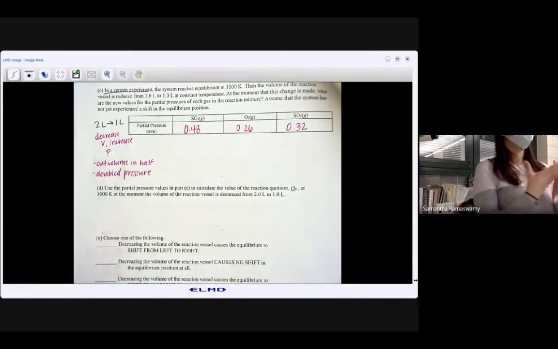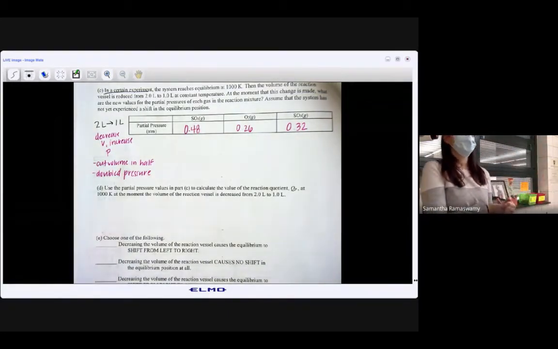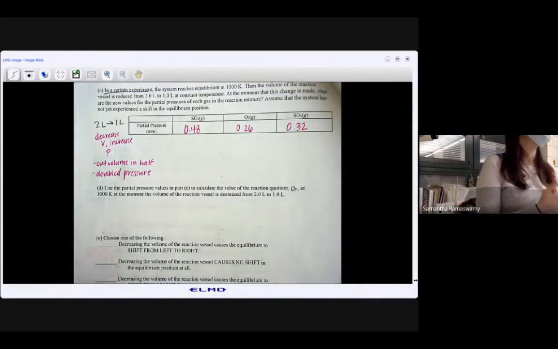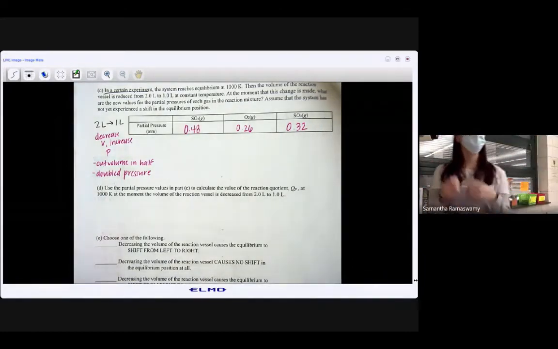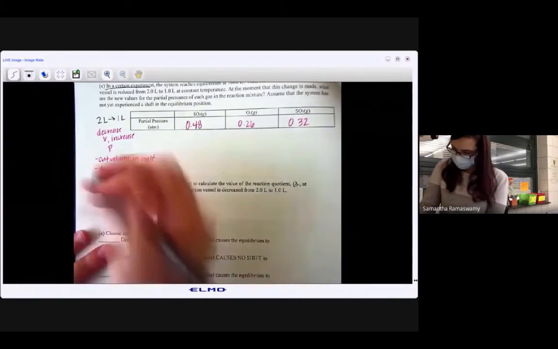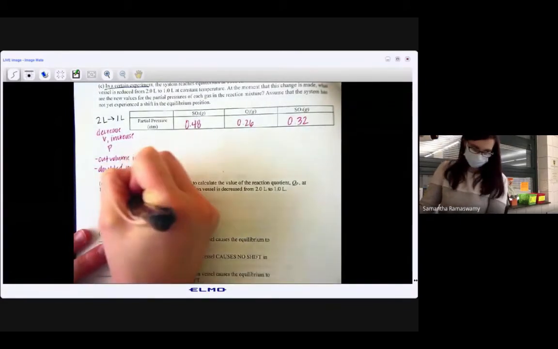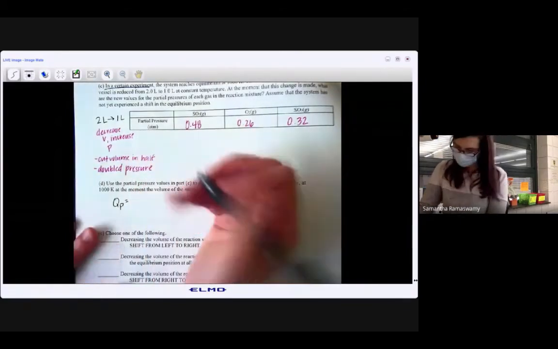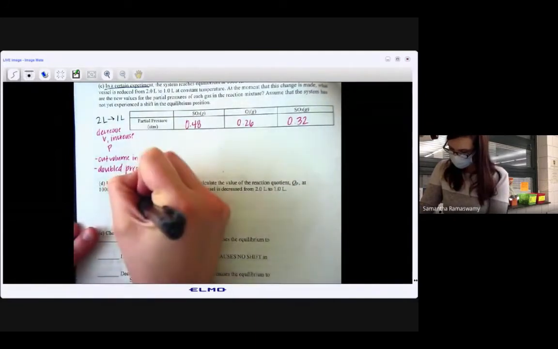This is actually why when we cut the volume, we see a shift in a certain direction. Because we're immediately changing the pressure and we have to get back to equilibrium. So for part D, use the partial pressures in part C to calculate Q. Okay, so here are the three values. Let's write the QP expression based on KP that we just wrote on the page before.